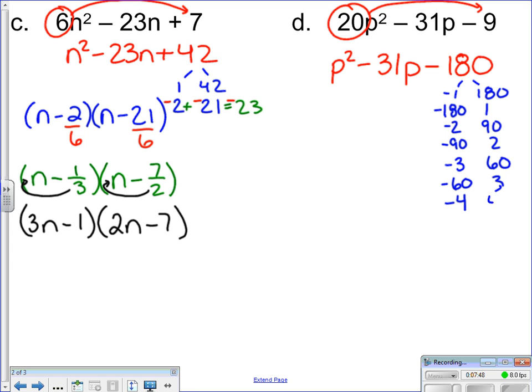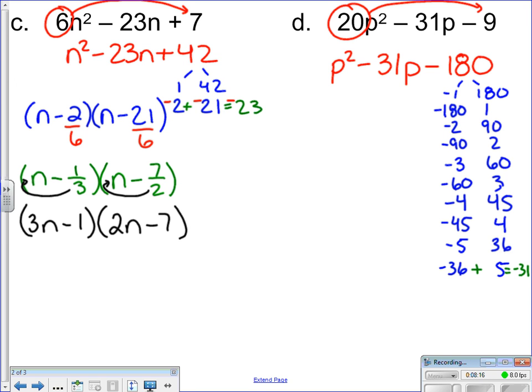Negative 4 and 45. Negative 45 and 4. Negative 5 and 36. Negative 36 and 5. And I think we finally found our answer, because negative 36 plus 5 equals negative 31.